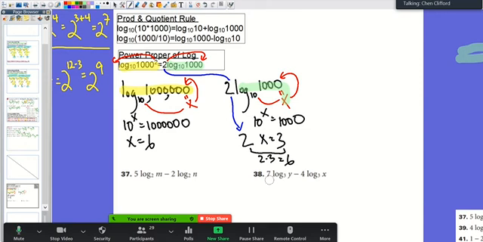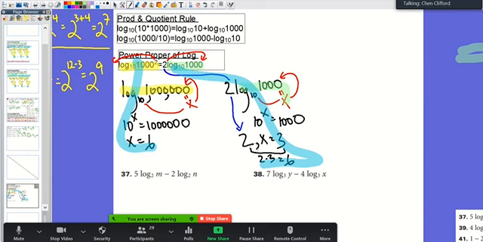So whether you do it the left-hand way, you get 6. Whether you do it the right-hand way, you get 6. So no matter which way you do it, you will still get 6. So that's why this property works.